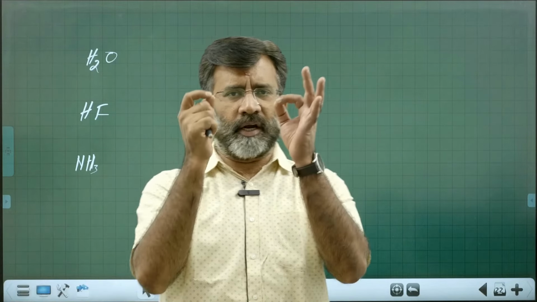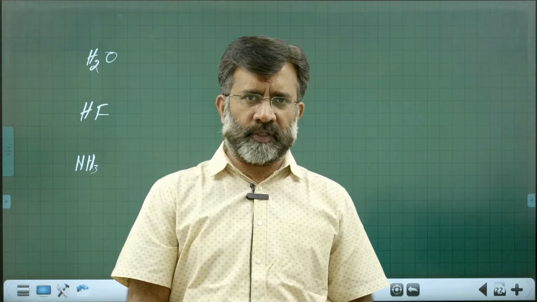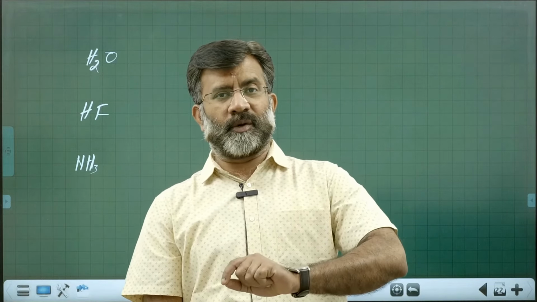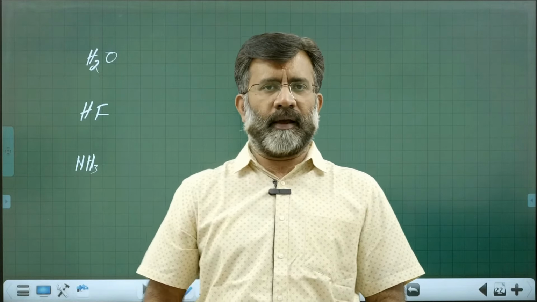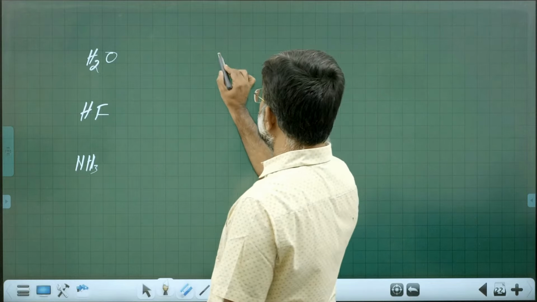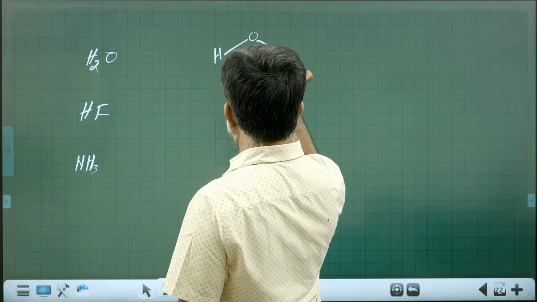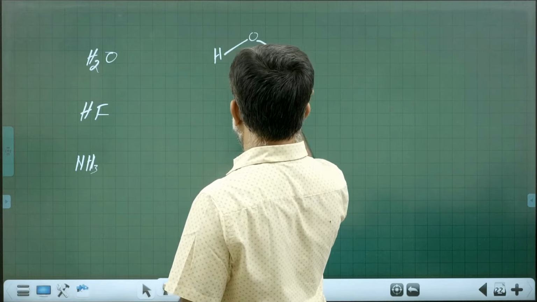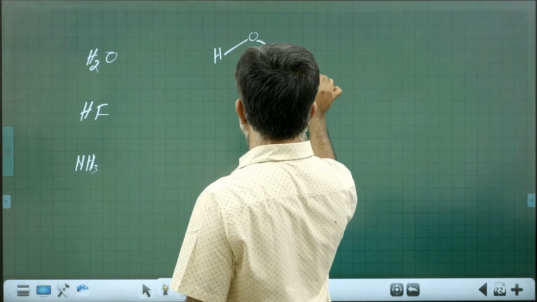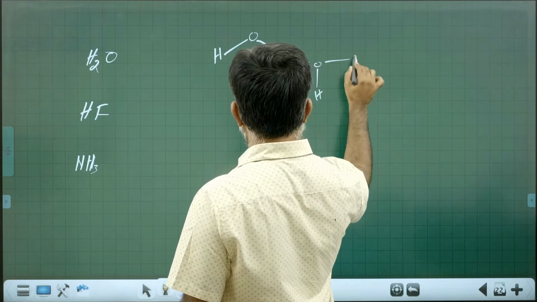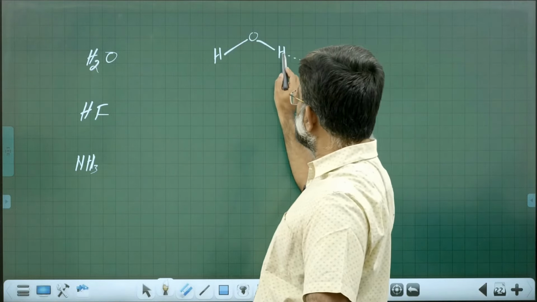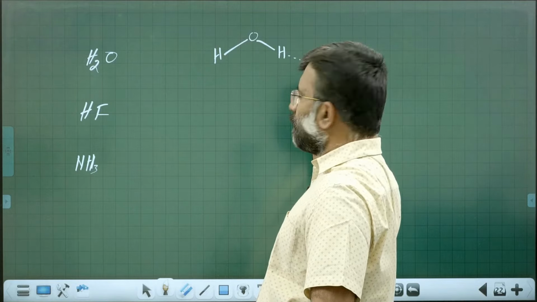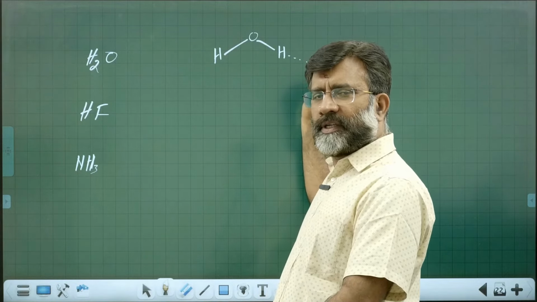The most electronegative fluorine with hydrogen, the second most electronegative oxygen with hydrogen, the third most electronegative nitrogen with hydrogen, you get hydrogen bonding. It is nothing but the hydrogen of one molecule, which is bonded to highly electronegative oxygen, binding to the electronegative atom in the next molecule.